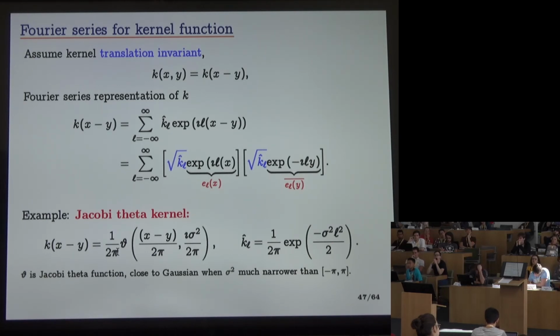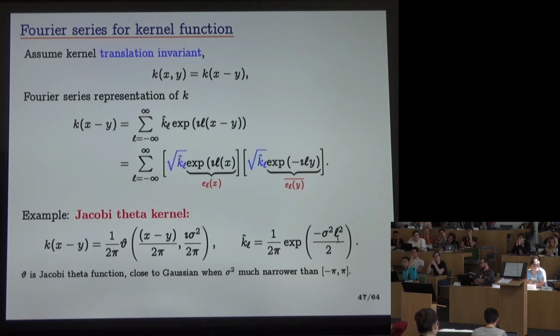Think of the axis wrapped in a little circle. This is what the Gaussian looks like: a Gaussian that repeats periodically every interval 2 pi. The Fourier coefficients of this periodic Gaussian kernel are just Gaussian functions in Fourier space, e to the minus L squared, just like a Gaussian.